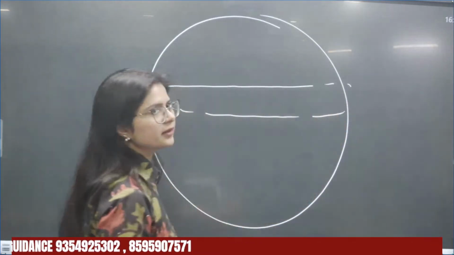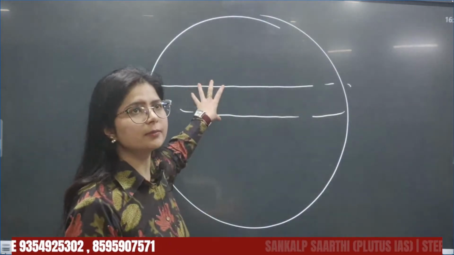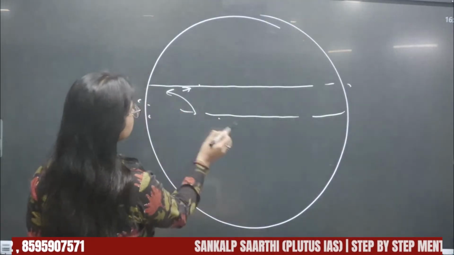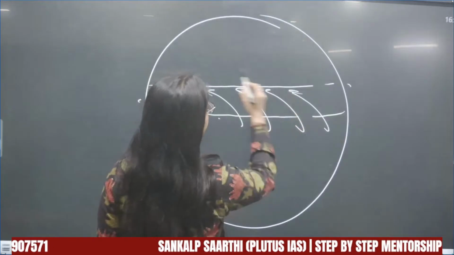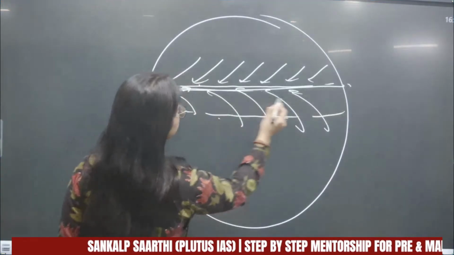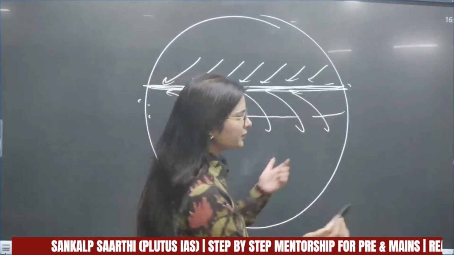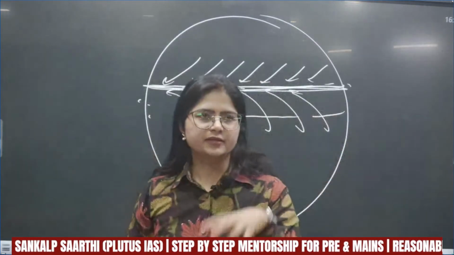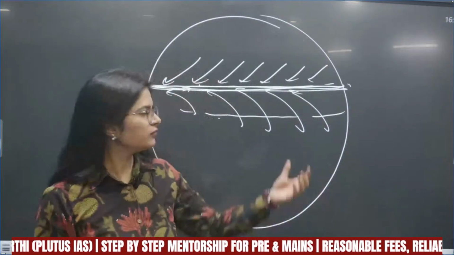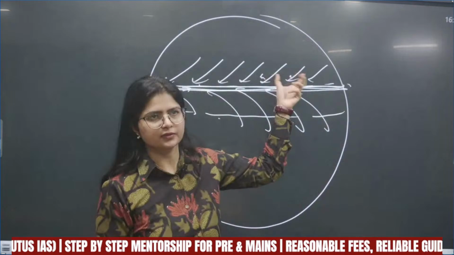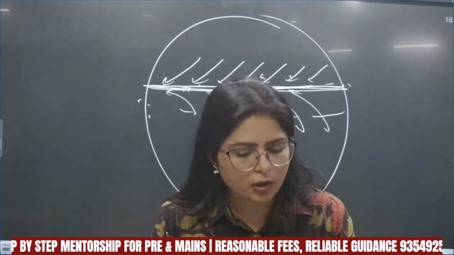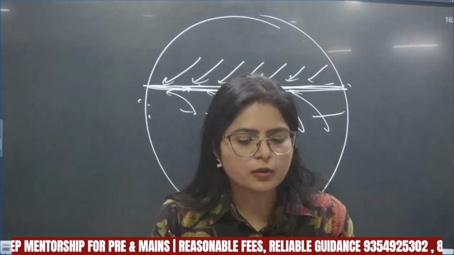What will happen in this area? Convergence. What kind of convergence? These are nothing but your trade winds, converging at the ITCZ. Different trade winds are coming to that area, into a low pressure area like the Bay of Bengal. You have to write that there is a convergence of several warm air masses. Please mention warm air masses.